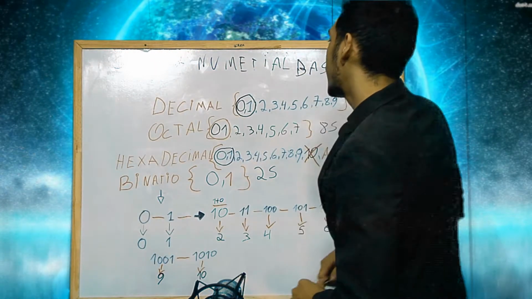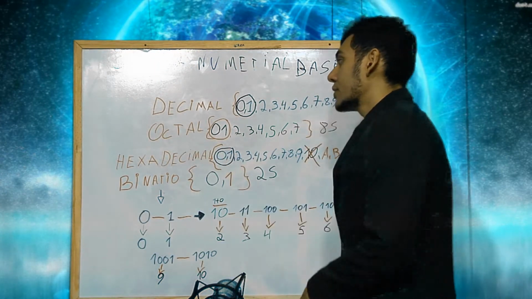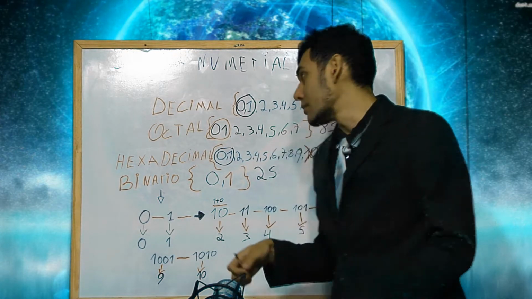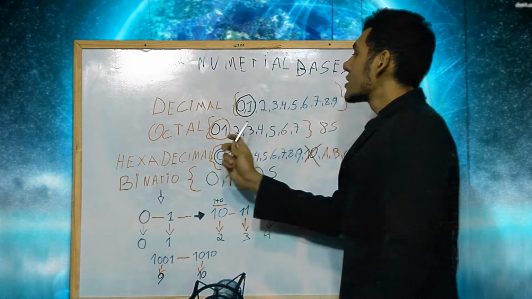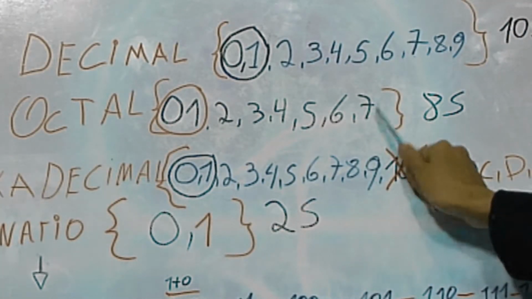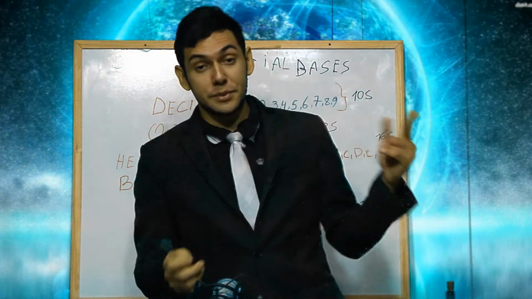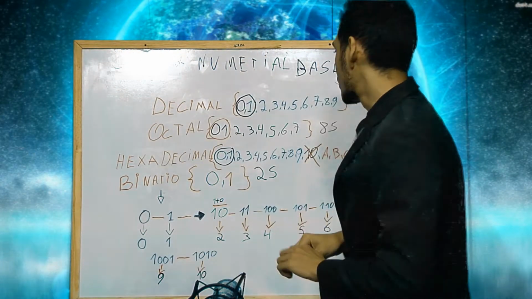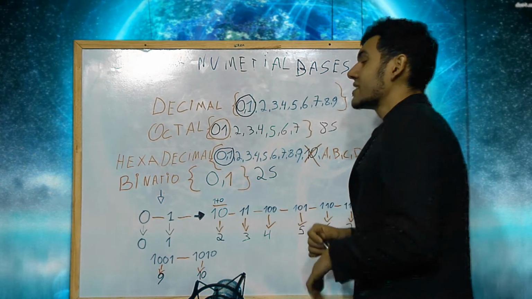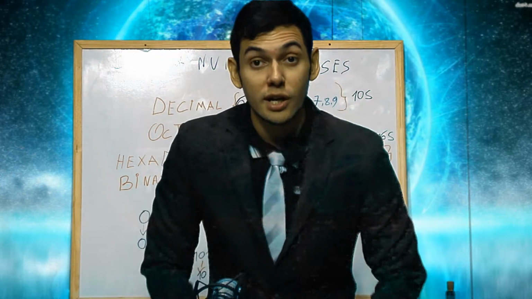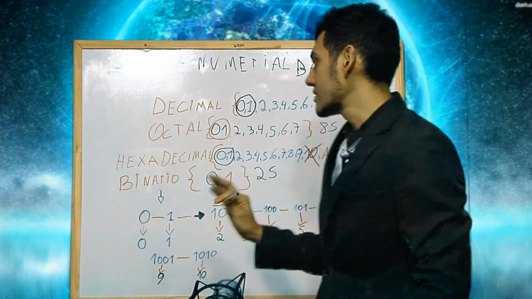Now let's go to the octal base. Although octal comes from 8, it doesn't have the number 8. It goes from 0, 1, 2, 3, 4, 5, 6, 7, and it stops at 7, but we still have 8 symbols. A symbol is not always a number. That's very important for you to know, because we're going to see that in hexadecimal.